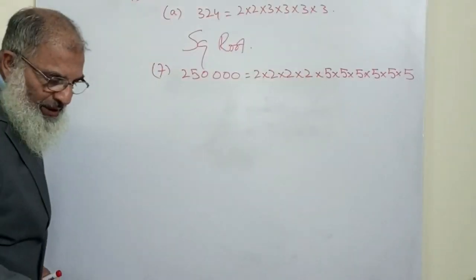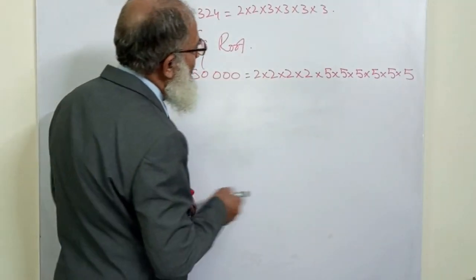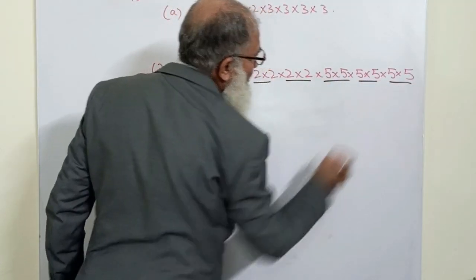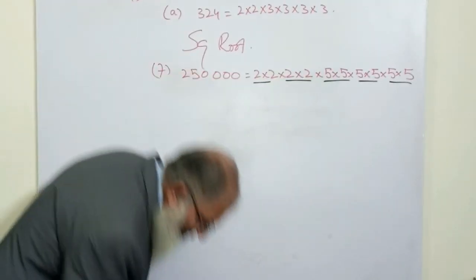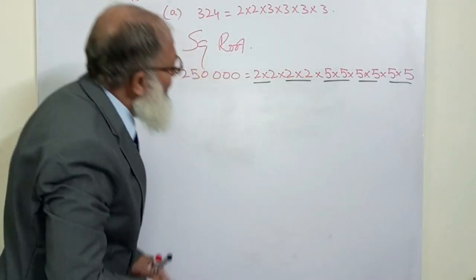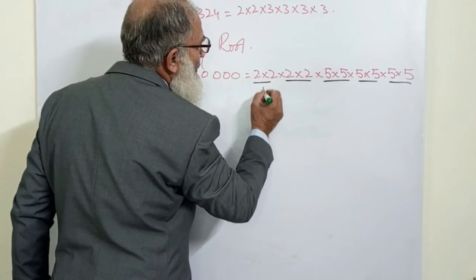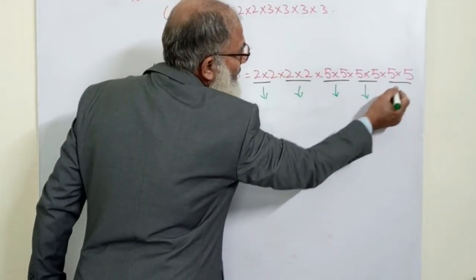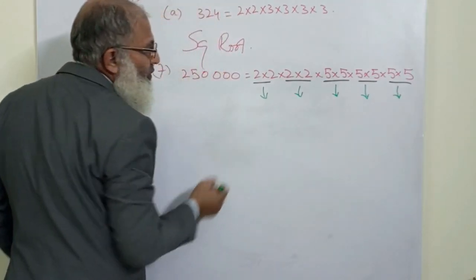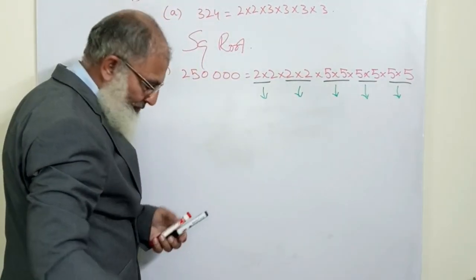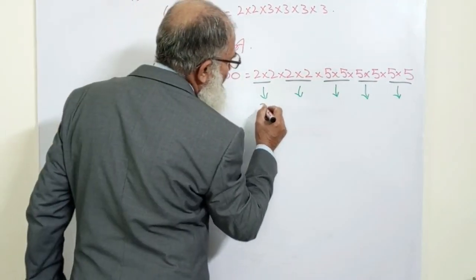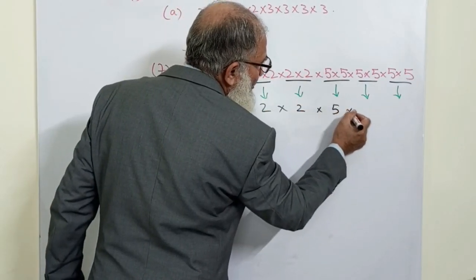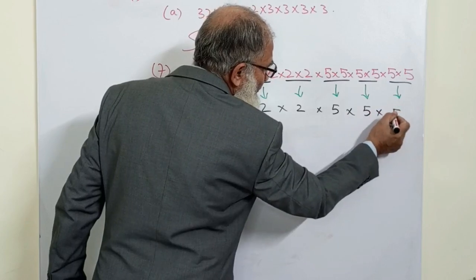So it is very simple again. Make pairs: 1, 2, 3, 4, and 5. Just bring one out from each pair. Now what is written over here? 2 times 2 times 5 times 5 times 5.